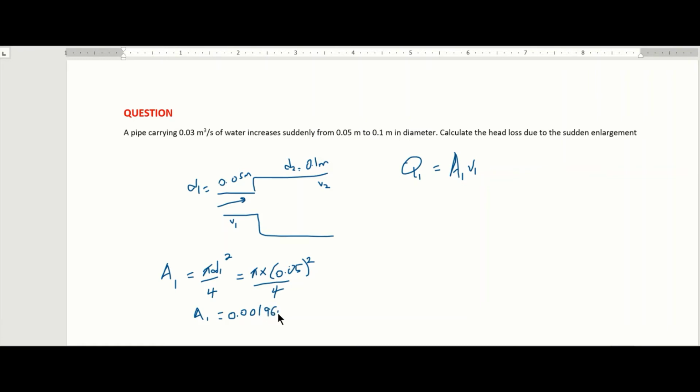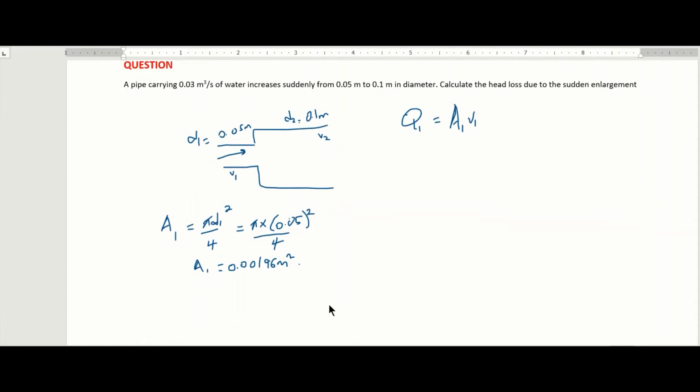0.00196 meters squared. That's for our A1. Also, we have to find our A2. A2 is the area of the larger section of the pipe. A2 is equal to pi D2 squared over 4.